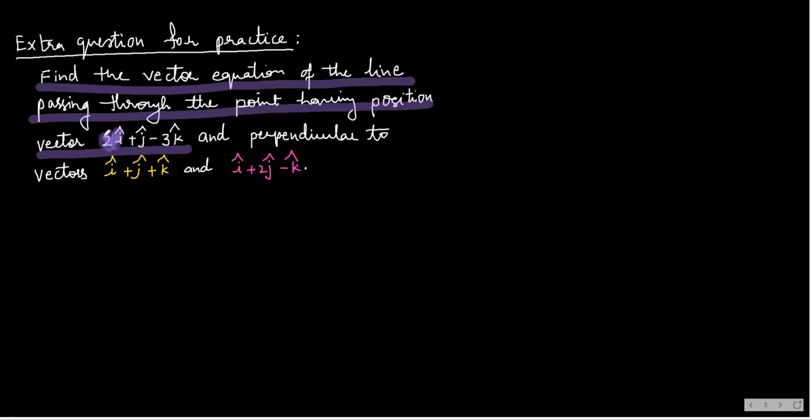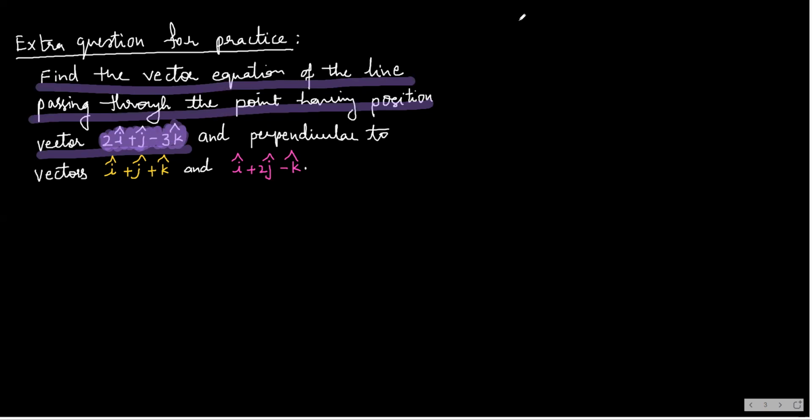Whether you are given the position vector of a point on the line or the coordinates of a point on the line, it is one and the same thing. Even when we are given the coordinates of a point, we find the position vector, that is, the vector which originates from the origin and ends at that point.